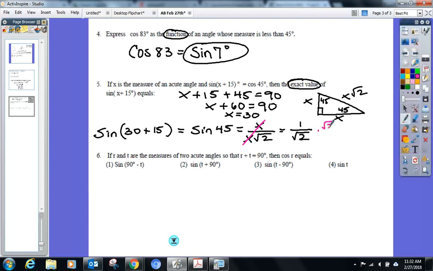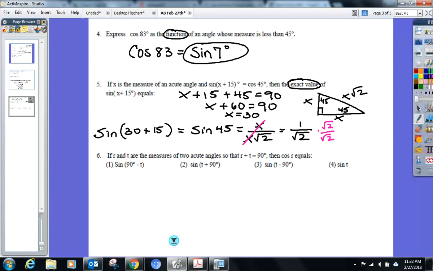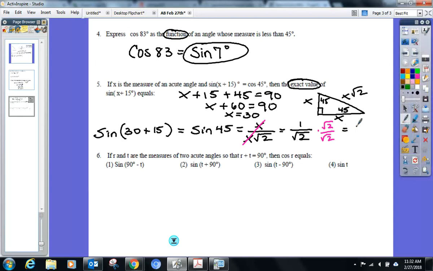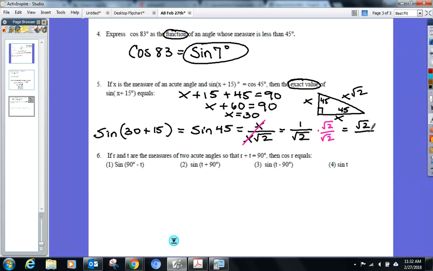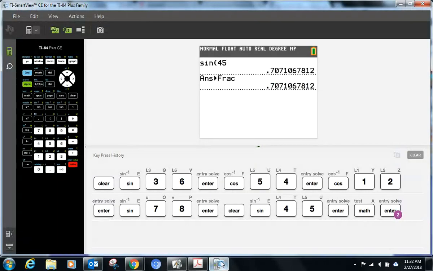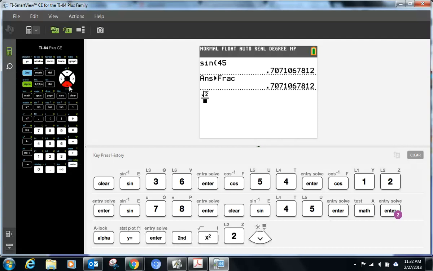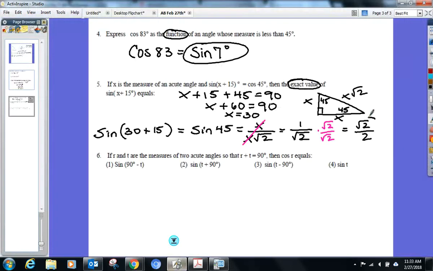Radical 2. What's on top now? What's on the bottom? Everyone ready? Here you go. Good job. Nice job. I know. You throw in some tough ones in an enriched class. Go figure.